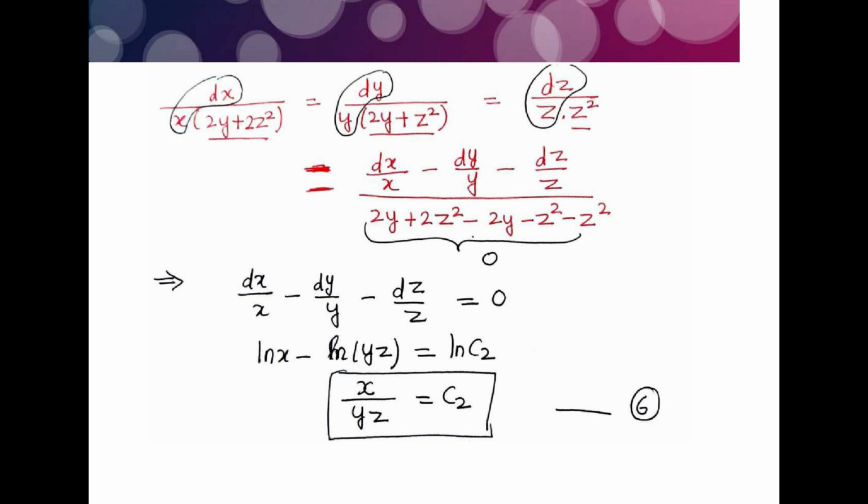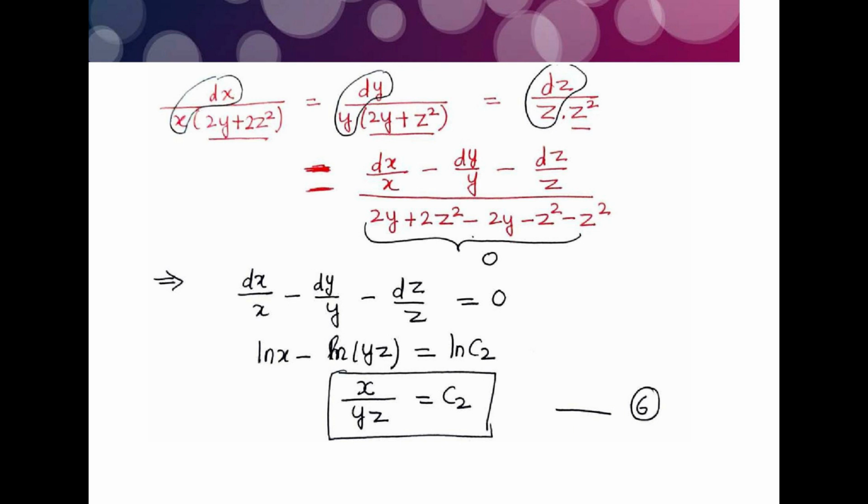As discussed in lecture 2, if you are not able to find out any combination, then try to look for few combinations like dx plus dy plus dz or x dx plus y dy plus z dz. If you see here the auxiliary equations, there is one thing common. With dx, we have x common in denominator, with dy we have y, and with dz we have z.